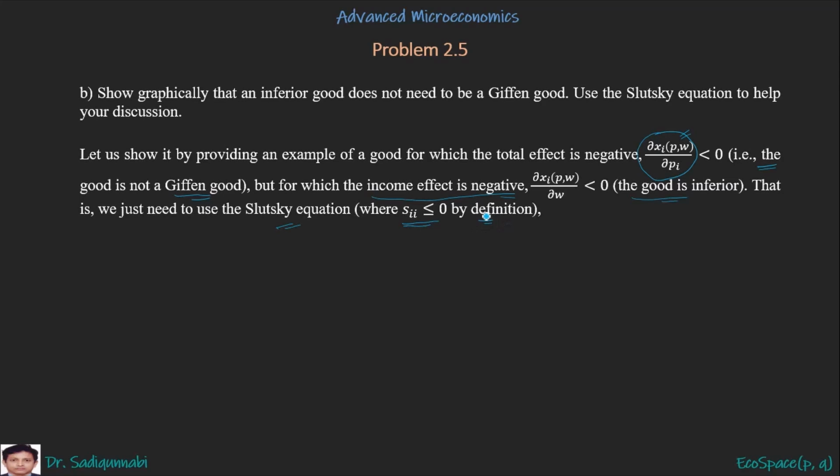Simply, these three lines say that we are taking a non-Giffen good, and non-Giffen good means this inequality, and inferior good means this inequality.